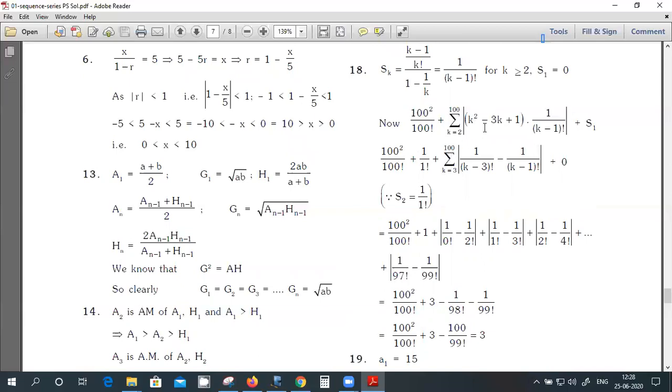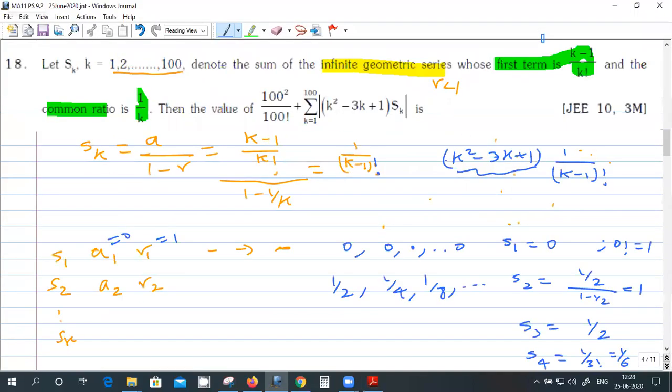Just put blindly k as some values and see whether you are able to get this pattern. Put k equal to 1, 2 is not a useful thing. From 2, 3, and then see whether you are getting a pattern, because values of S2 and S3 have numbers.